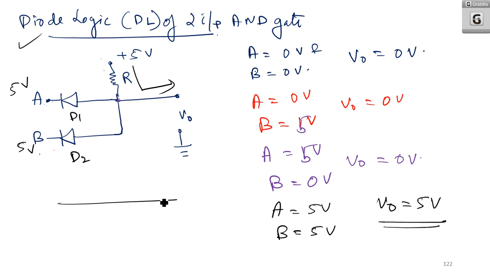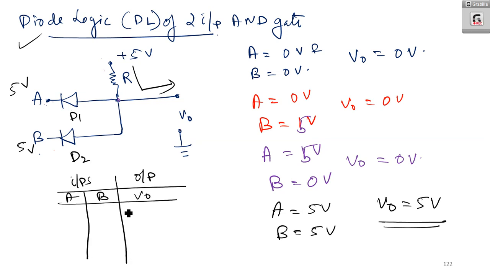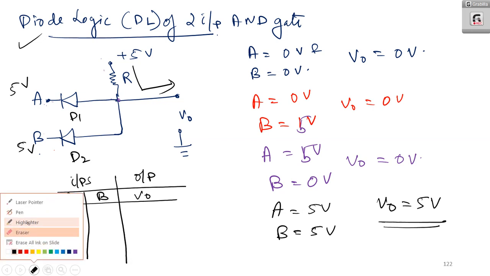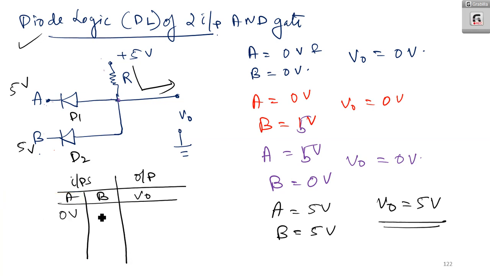That means if you are drawing it in this pattern, say input A, B, output V0. I will start with the least one. If A is 0 volt and B is 0 volt, output is 0 volt.